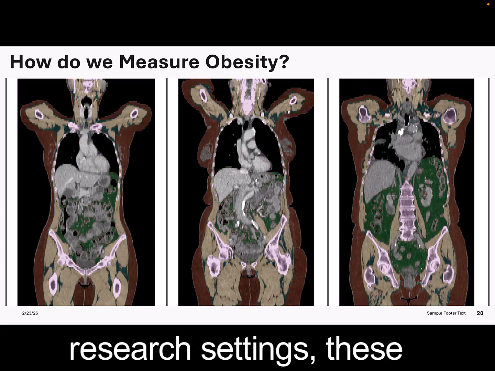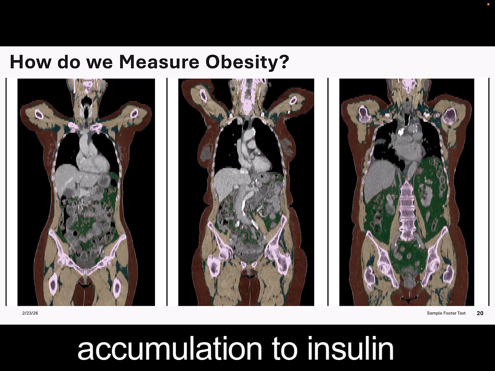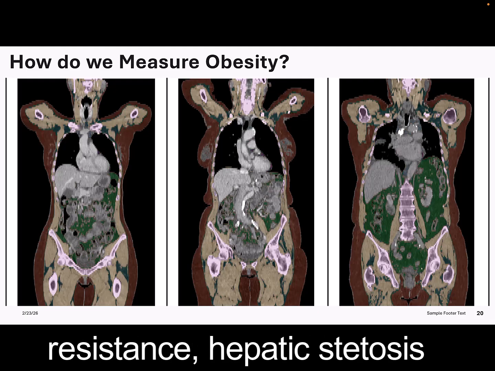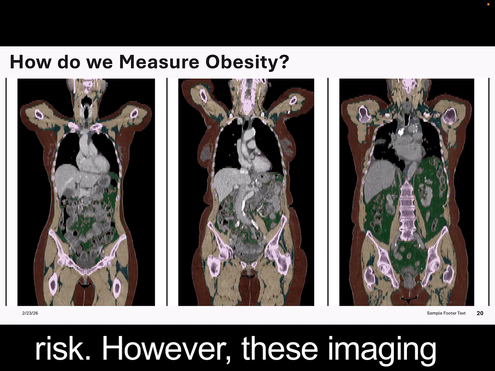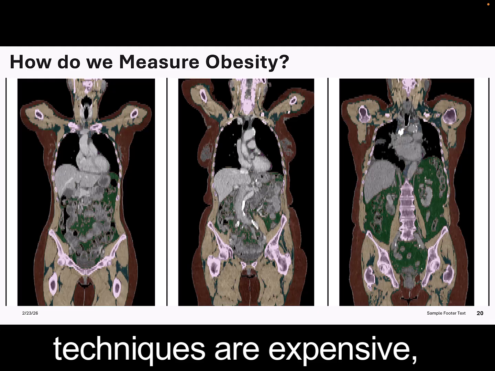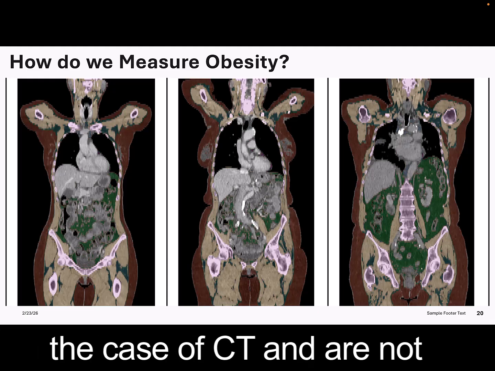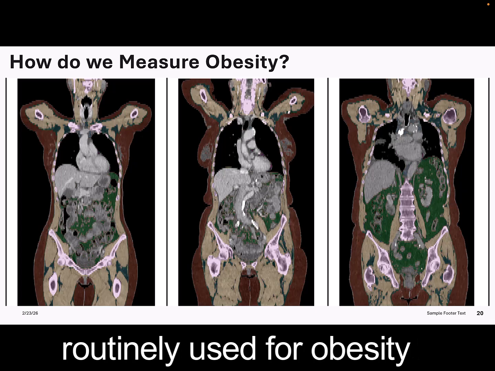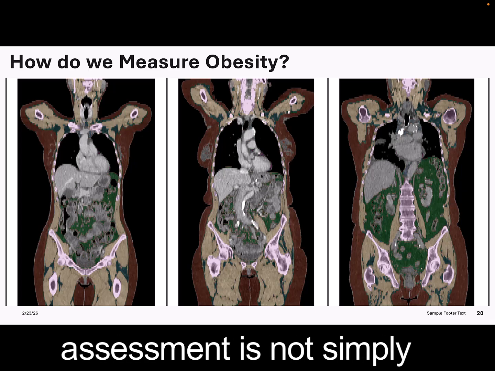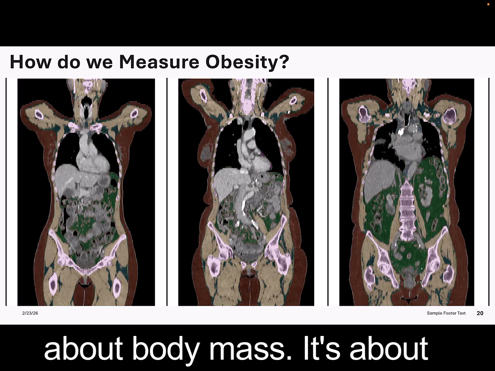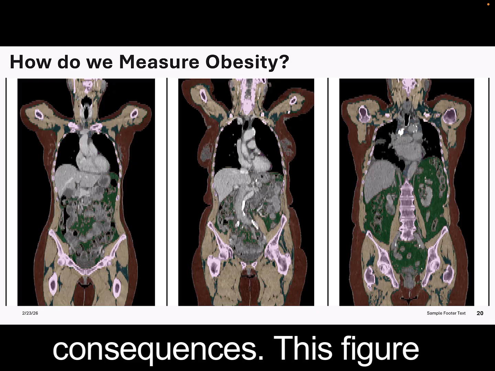In research settings, these tools have been invaluable in linking visceral fat accumulation to insulin resistance, hepatic steatosis, and cardiovascular disease risk. However, these imaging techniques are expensive, involve radiation exposure in the case of CT, and are not routinely used for obesity screening in clinical practice. So obesity assessment is not simply about body mass, it's about fat distribution and metabolic consequences.